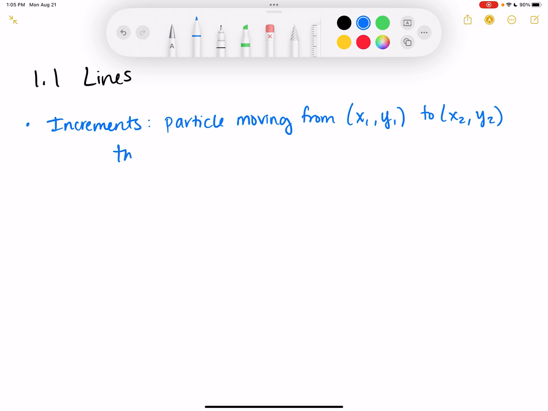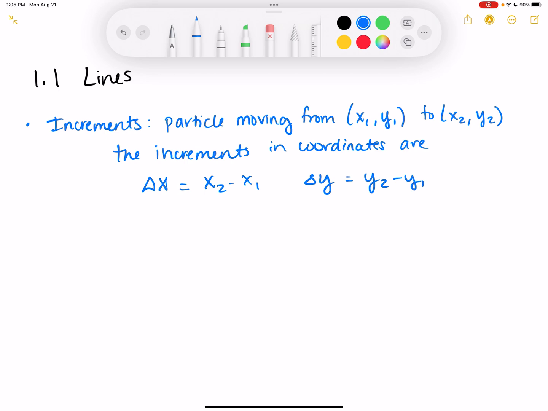The increments and coordinates are delta x is equal to x2 minus x1. Delta y is y2 minus y1.